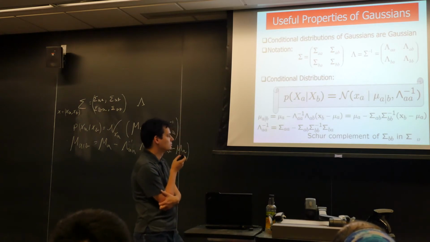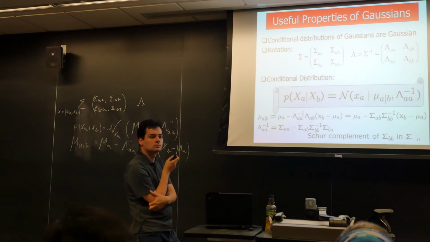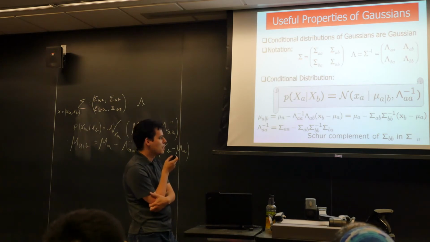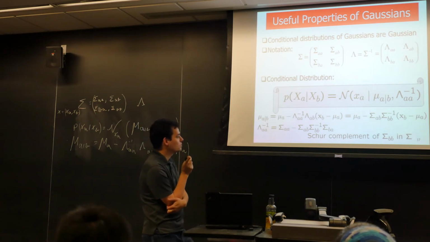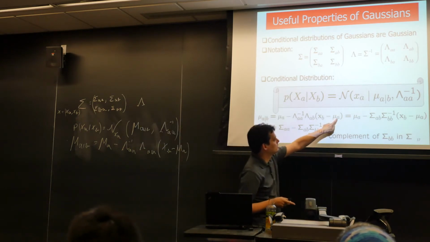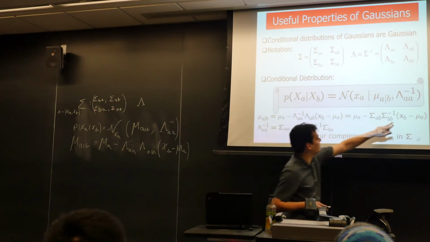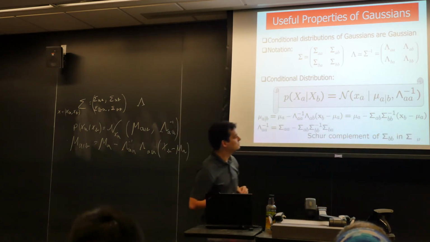So that makes sense. A simple way to check: if I partition a joint Gaussian into two components of different dimensions, then XB and mu A are in different spaces. You are right. That's a good point. So that might be mu B, and then I believe this is mu B too.